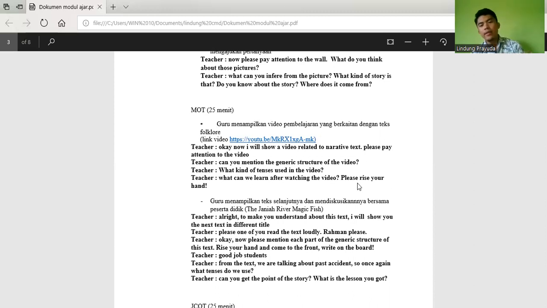And again, in this phase, they will be asked to answer, but as a variation of the learning, they can raise their hand if they want to come to the front of the class and write their answer on the whiteboard.